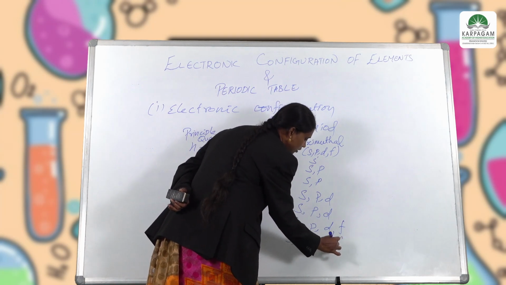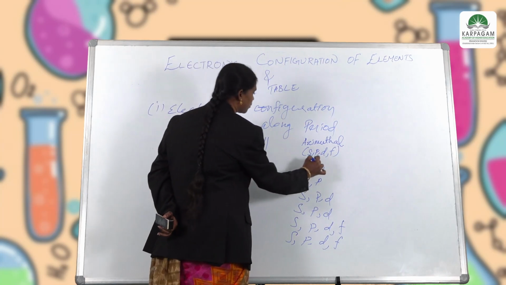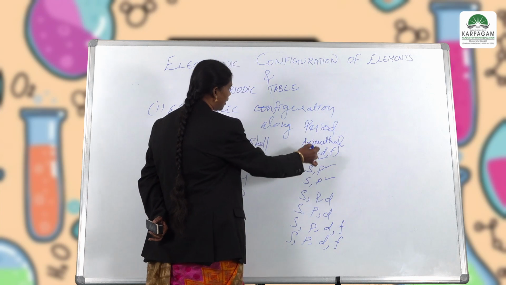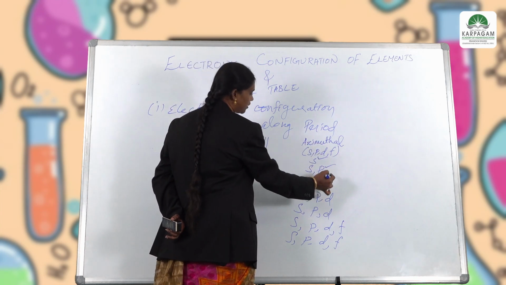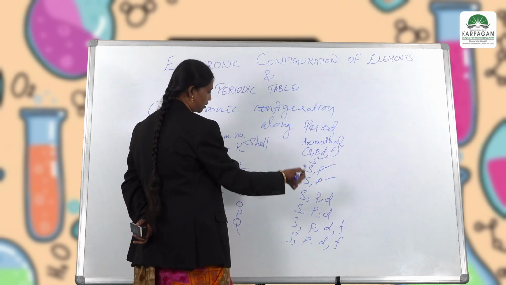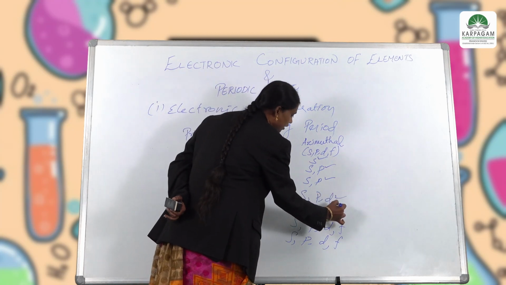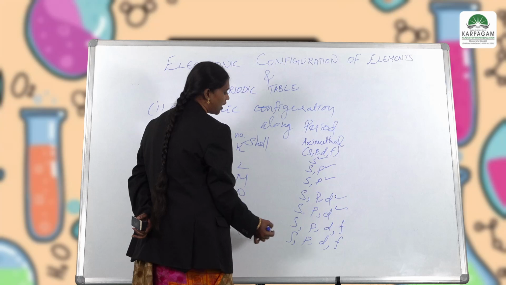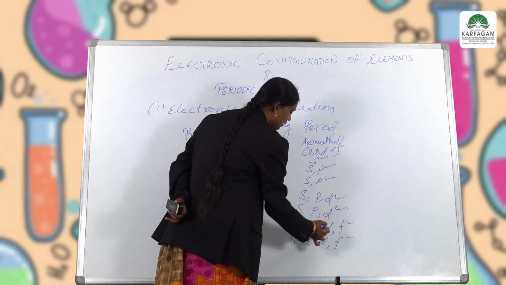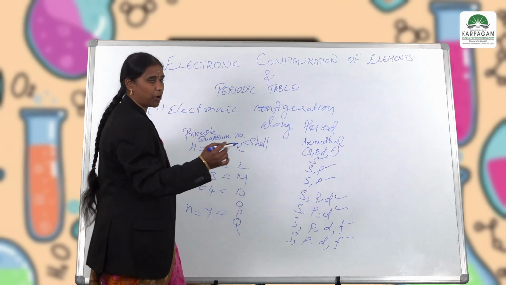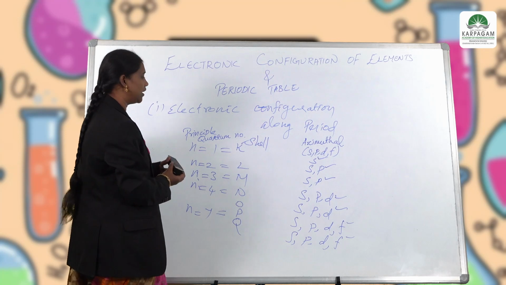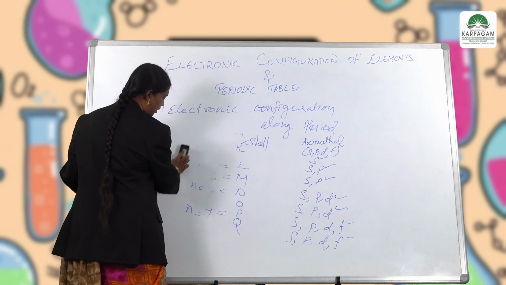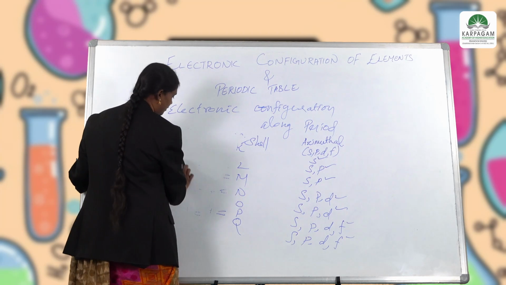So electrons are filled likewise. For period 1 only s, for period 2 and period 3 it is s and p suborbitals, for 4 and 5 we have s, p, d orbitals, and for 6 and 7 we have 4 suborbitals for electron filling in the elements. So now we see period wise.